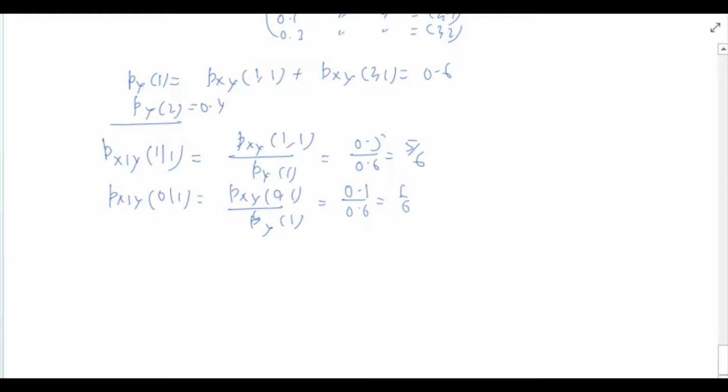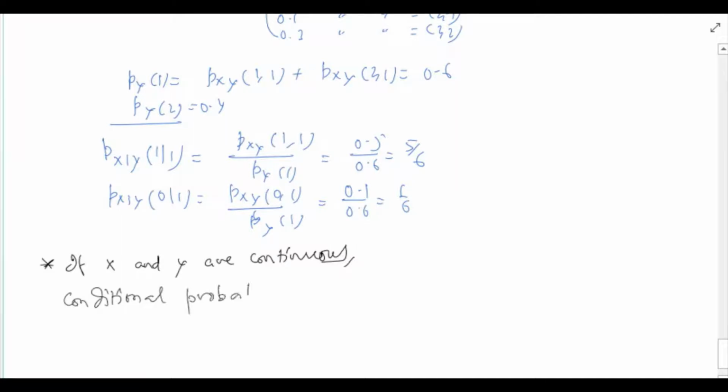Next, we turn our attention to continuous random variables. If X and Y are continuous, we define the conditional probability density function of X given Y equals small y.